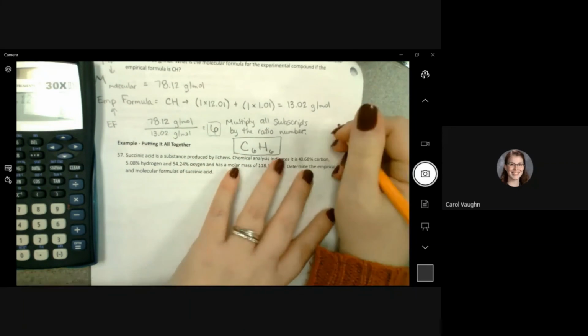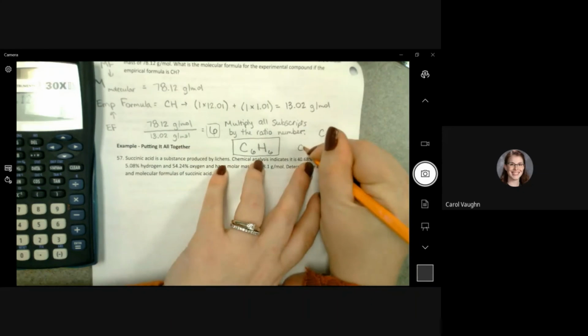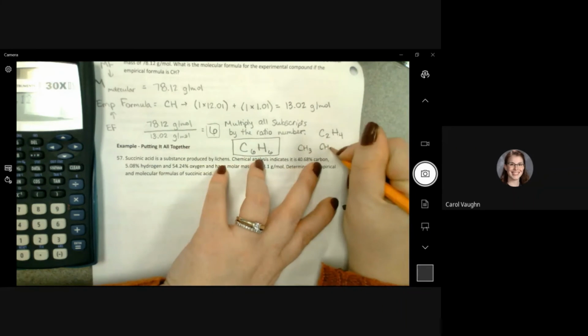So if I had something like this, C2H4, and I asked which of these options could be a possible empirical formula for this compound, it's going to be the second one, because if I divided both of those numbers by 2, I would get this, and I have to divide it by a whole number. Questions over this?